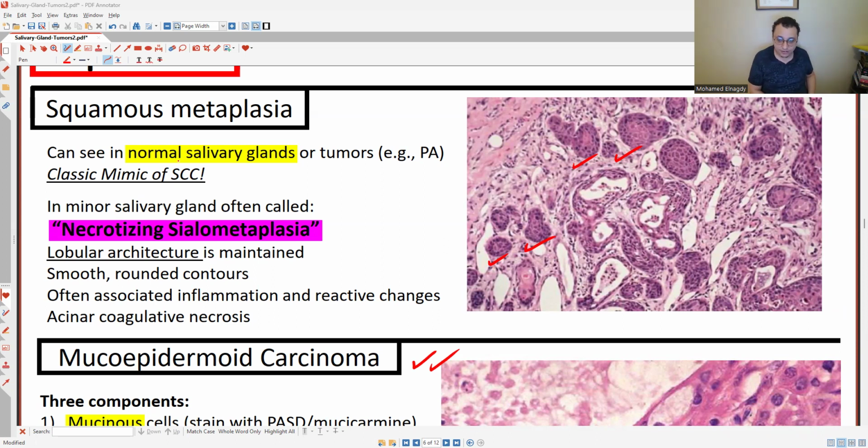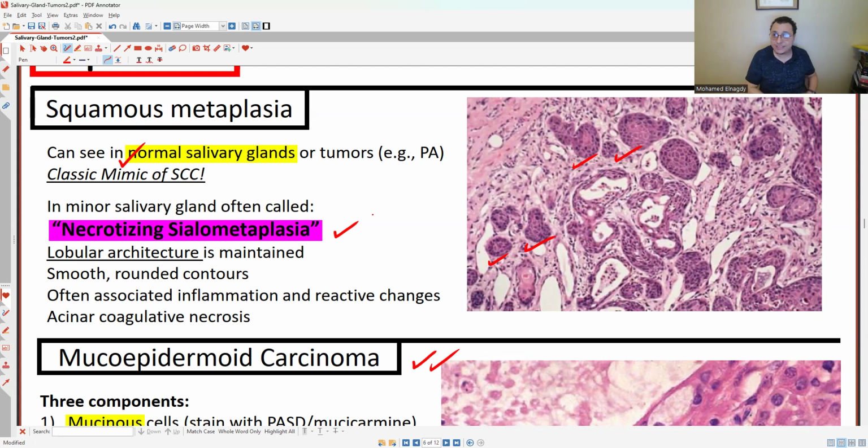Maybe we can think of squamous cell carcinoma. Yeah, you might think that these are squamous cells forming some islands, and the background looks very suspicious. So I might suspect that this might be a squamous cell carcinoma, but actually you can see this pattern in normal salivary glands. That's called necrotizing sialometaplasia, squamous metaplasia.